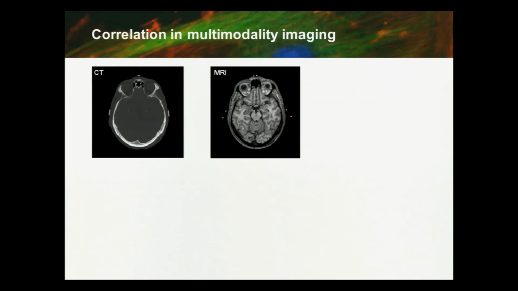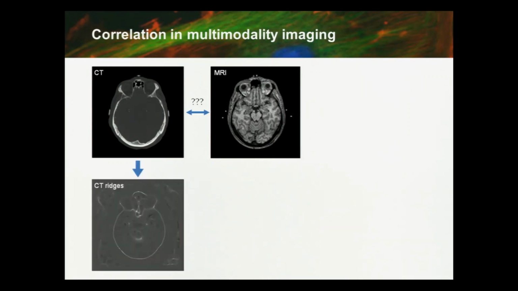The bone has very high intensities here, very low intensities there, whereas the stuff in the middle, your brain, is grayish in both, although with much more detail here than here. So directly multiplying intensities, which is what you do with correlation, doesn't really make sense, or probably will not give you a good match. But what you could do is transform.